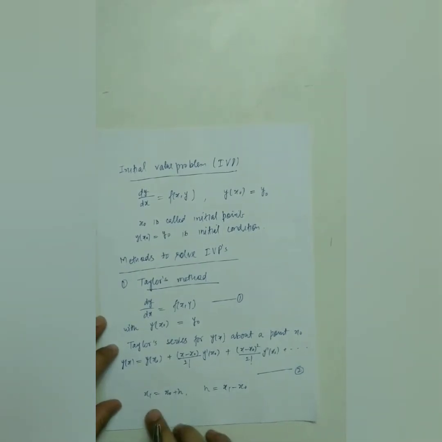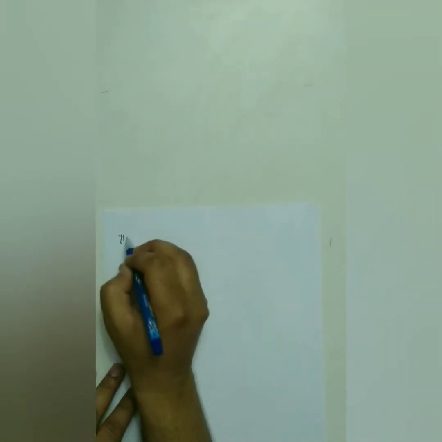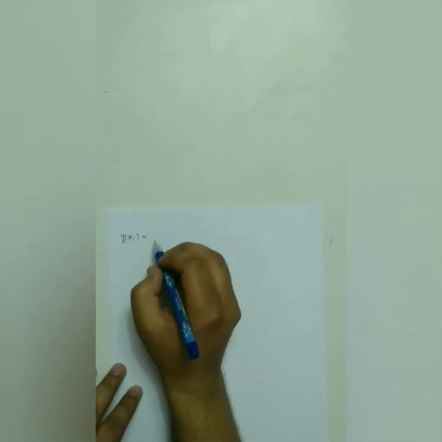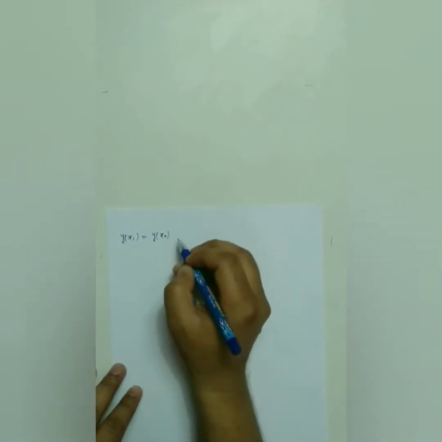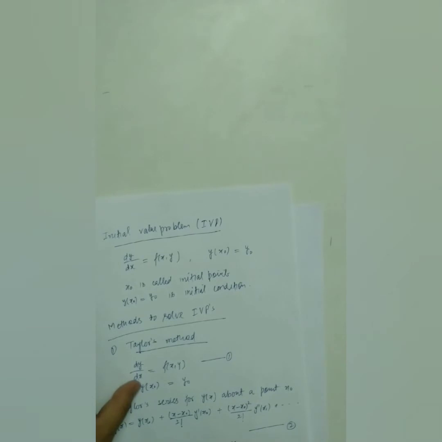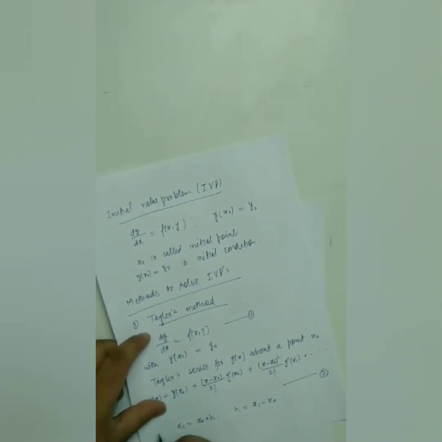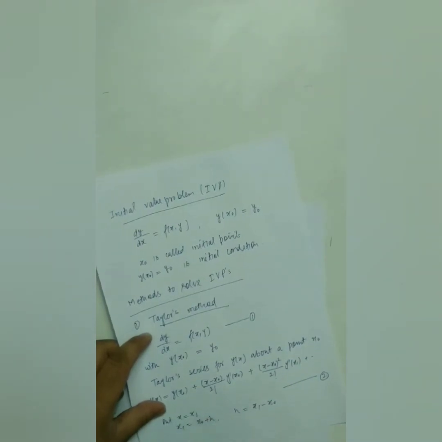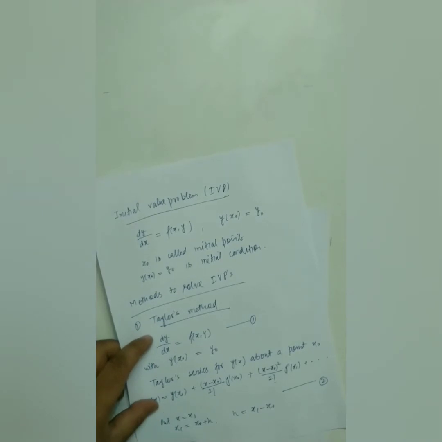Now we put this x1 in the Taylor series. When we put x = x1, x1 - x0 becomes h.